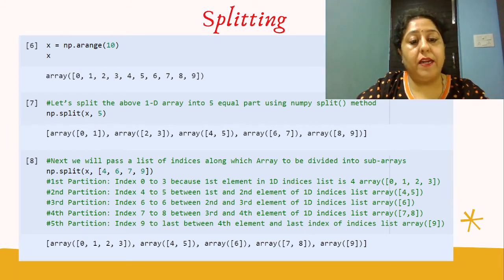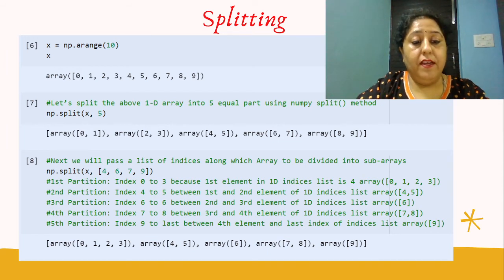The second partition will have values from index 4 to 5 because you have specified the second element in the list as 6. The third partition will have values from index 6 to 6 because you have specified the third element as 7.